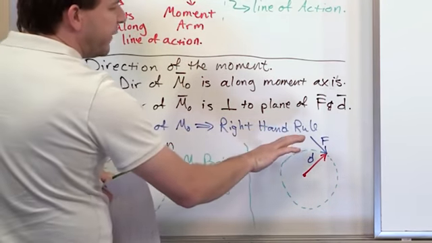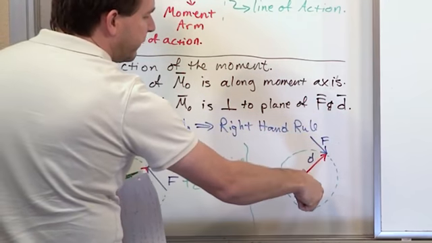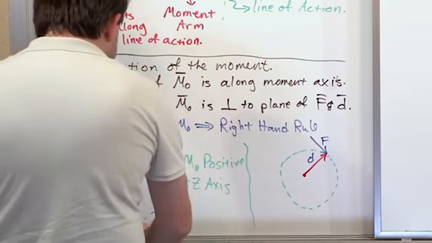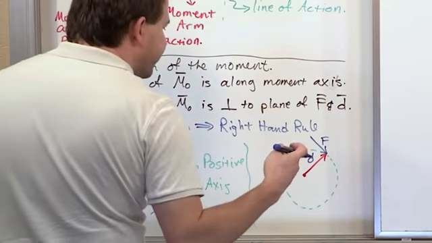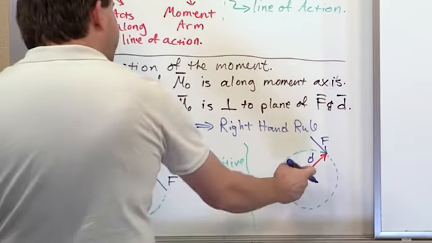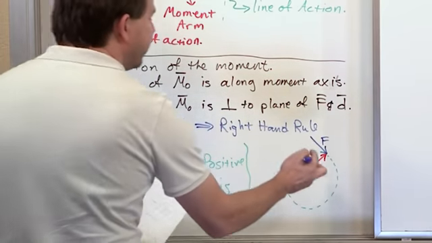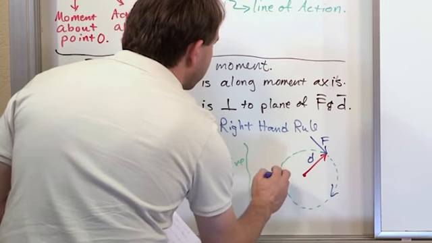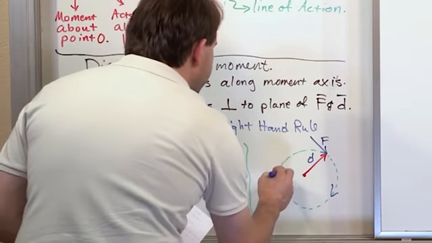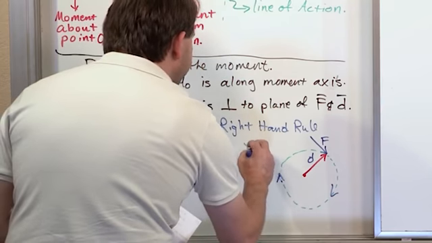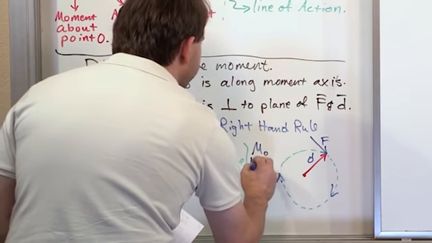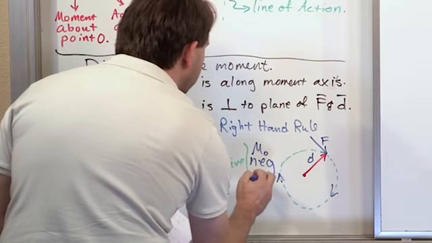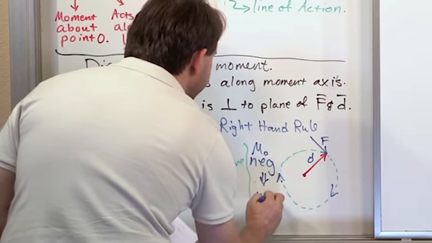I put my fingers in the direction of rotation, I'm going to rotate that way, and my thumb points into the board. That means the vector that represents the moment is going to be pointing into the board. Because this is going to be rotating clockwise, the moment is negative, and it is also acting in the negative z-axis.